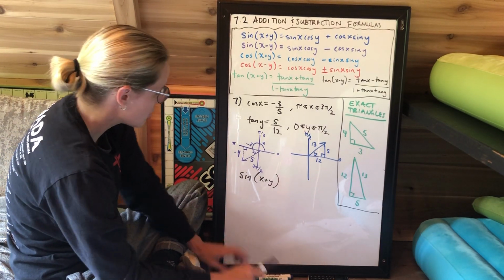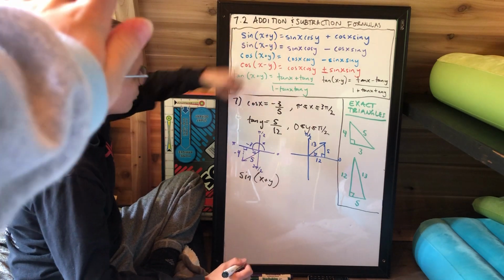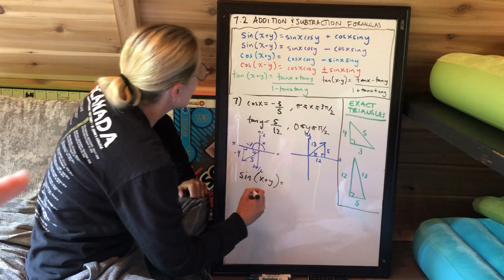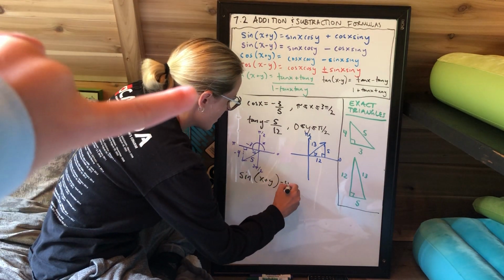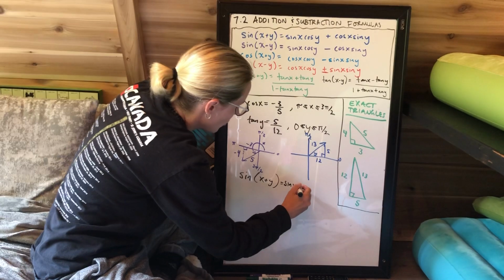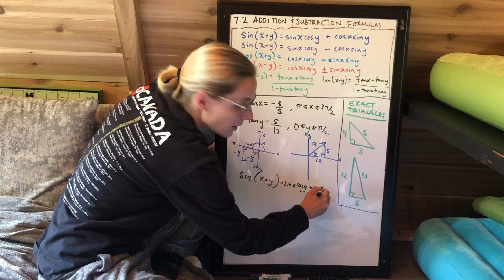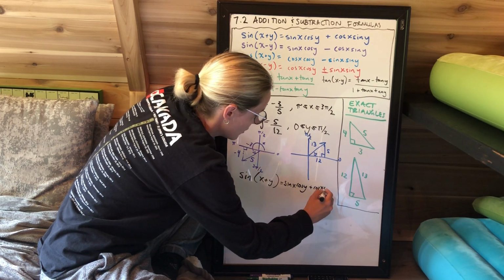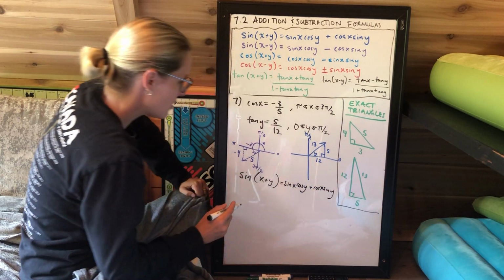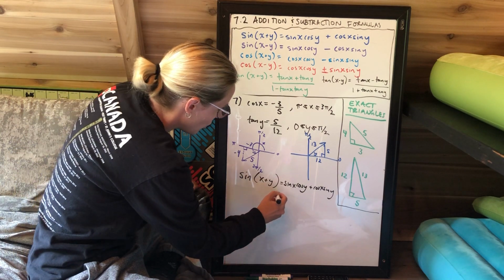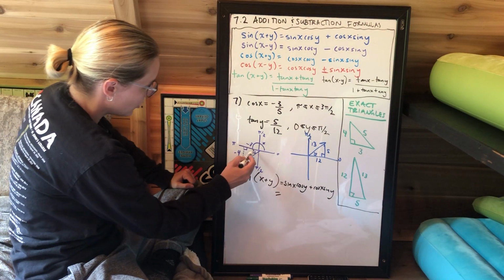Because this part wants us to solve for sine of x plus y, we go up to the very first formula and we say, okay, sine of x plus y is sine of x cos of y plus cos of x sine of y. And now it's just a matter of plugging in what we know. What is sine of angle x?